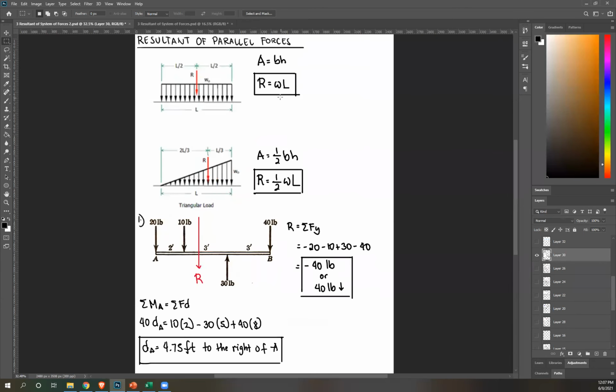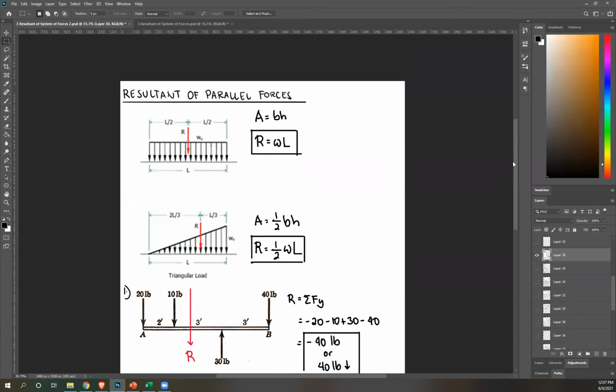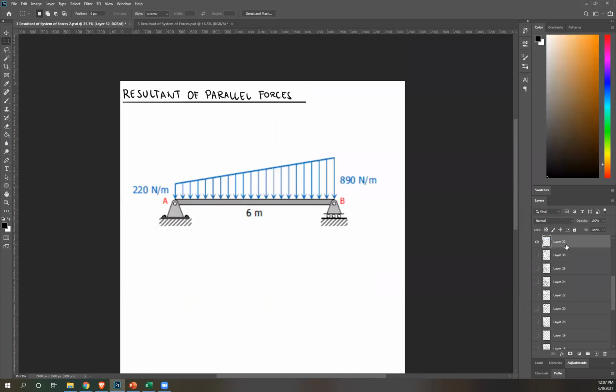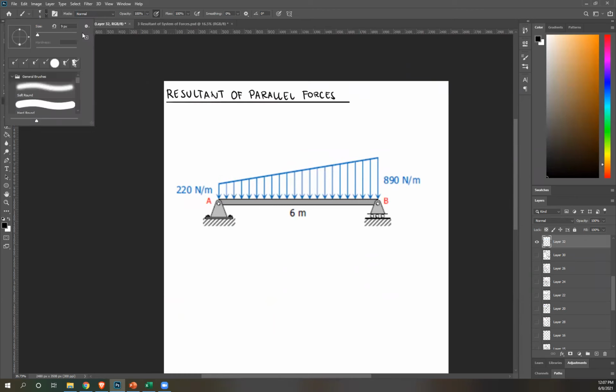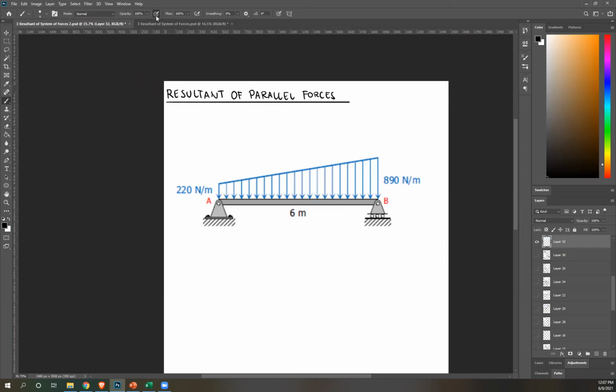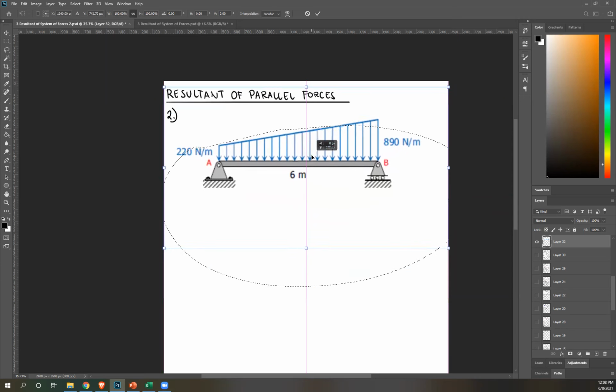So we have a load diagram, and I've discussed previously that whenever we have load diagrams, one of the first things to do is to convert it to a point load or its resultant load. As you can see, this does not have a regular shape.